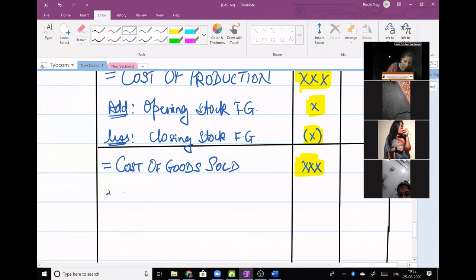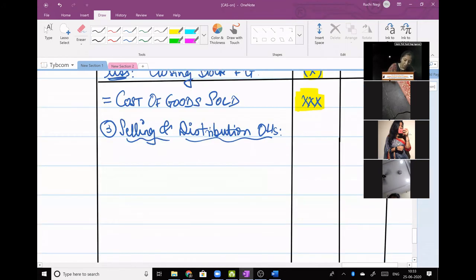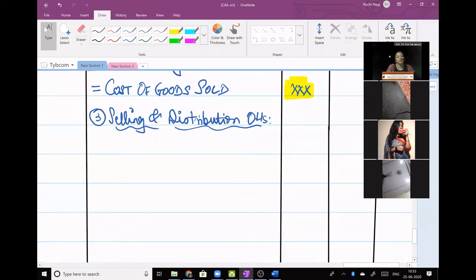Next, selling and distribution overheads. So in this, what will come? It is related to selling and distribution.